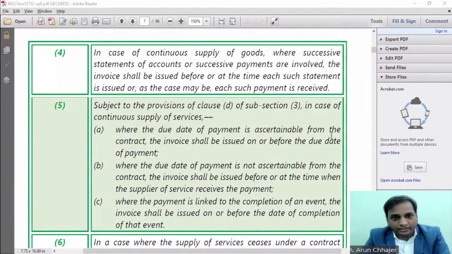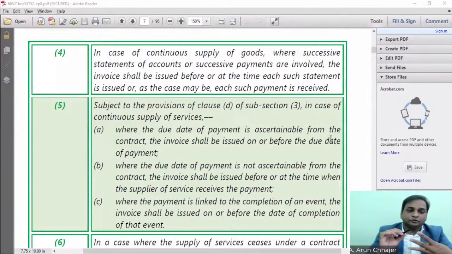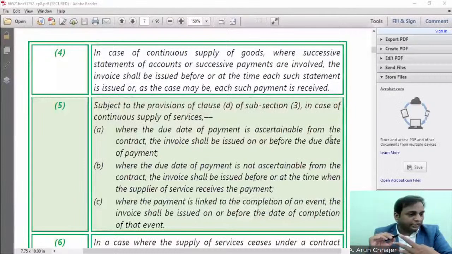Successive statement of the accounts or payment, when it is received or a statement has been issued. If we are talking about goods, then we have discussed, and if we are talking about services, then there are 3 clauses. Clause A is talking about. Vivek, is it okay? Vivek.